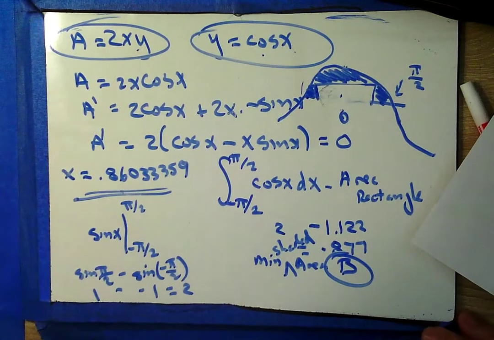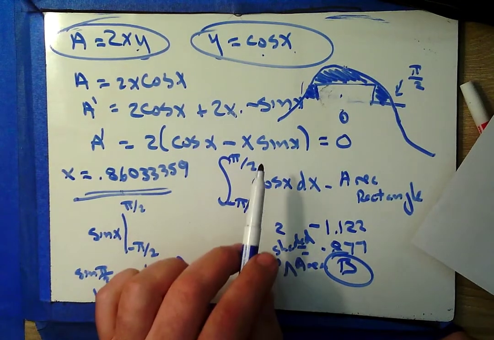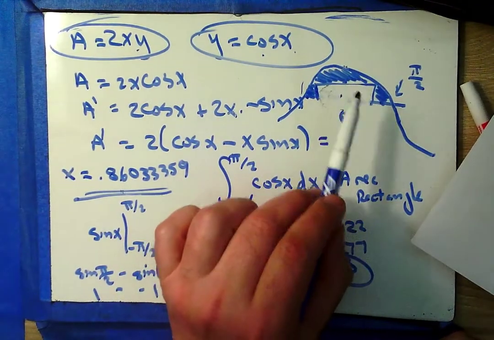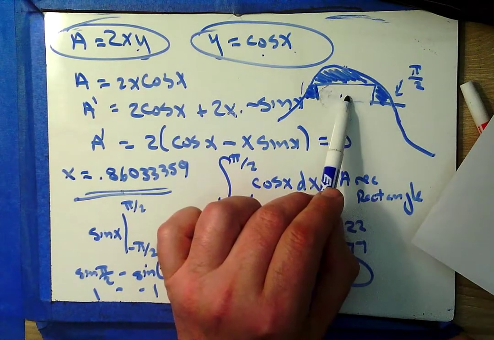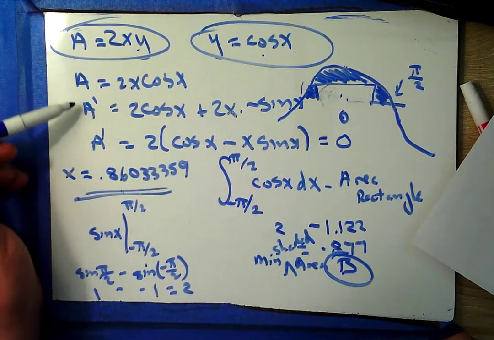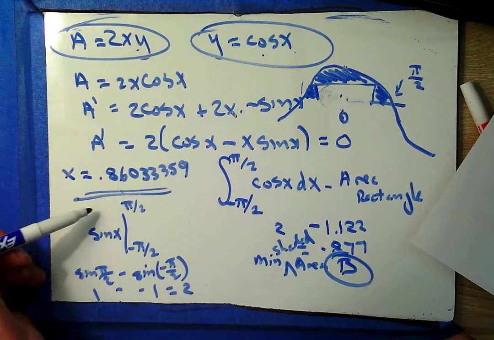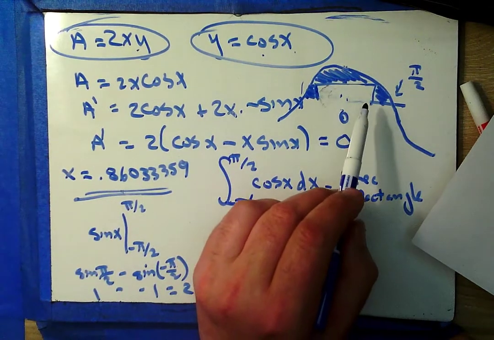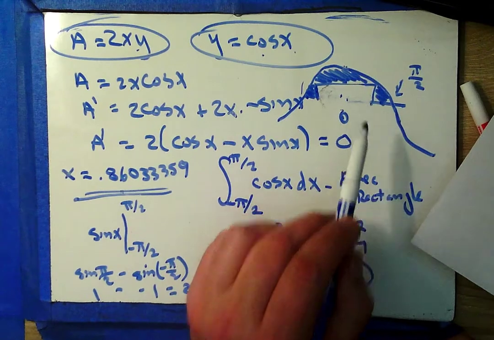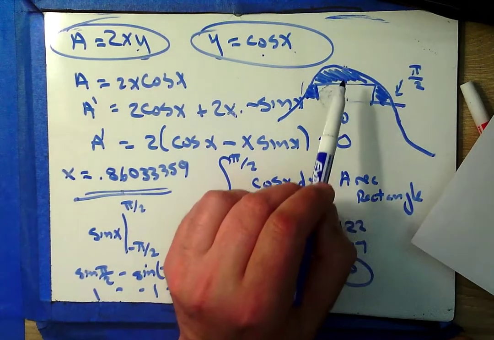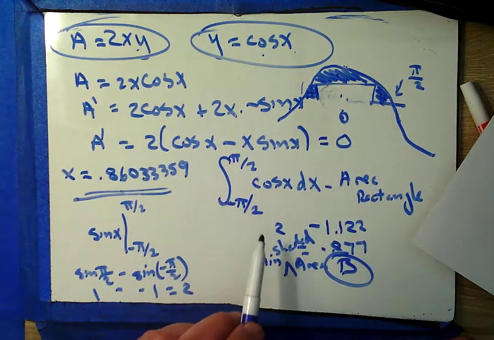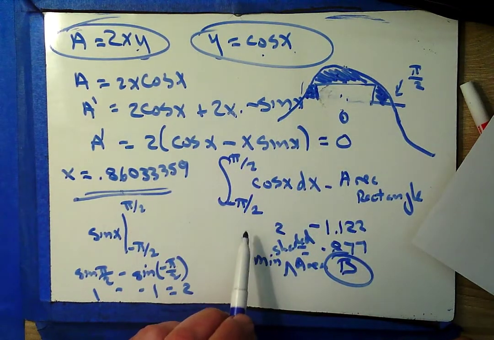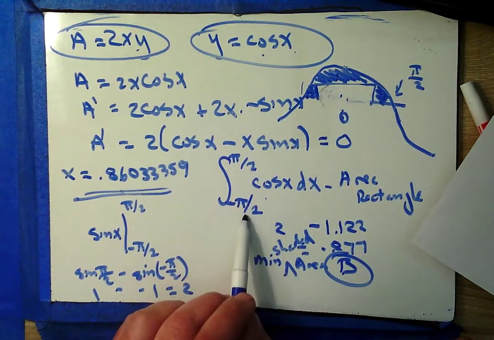Okay. Now, isn't this interesting? Just to go back for a second, we wanted to minimize this area, so we had to maximize this area. We did an optimization problem to determine when we would have a maximum area. Then we said, if they want to know what is this minimum area, we needed to find the area under the cosine curve from negative pi over 2 to pi over 2.